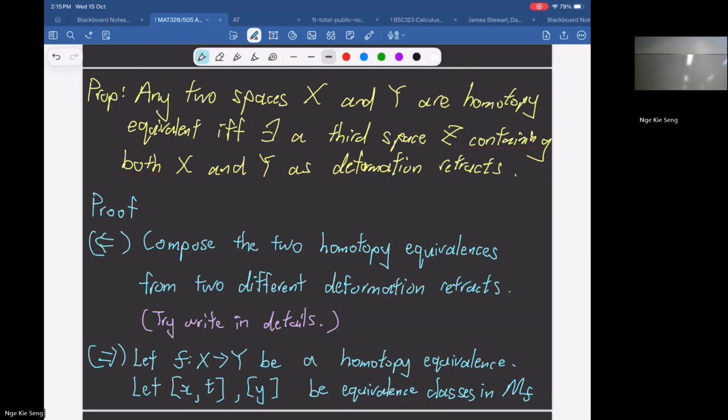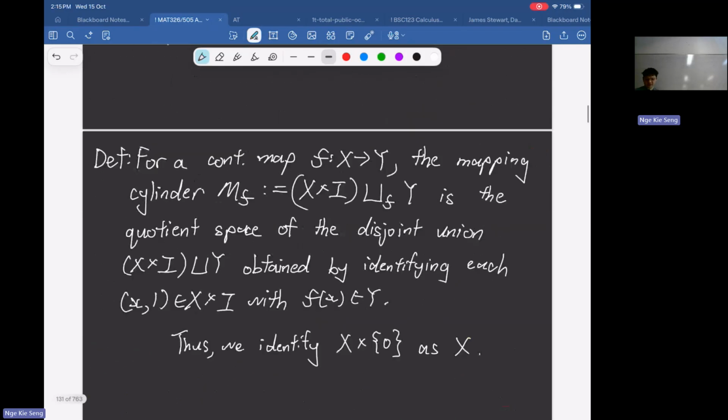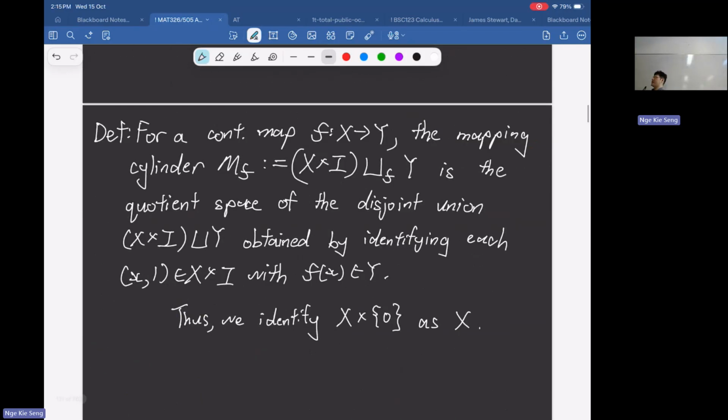this third space here is what we call a mapping cylinder. So what's a mapping cylinder? Given any continuous map, you can form this mapping cylinder.